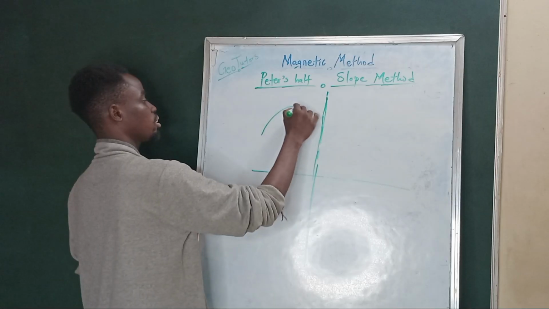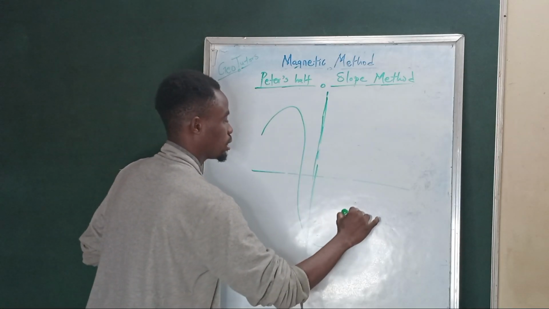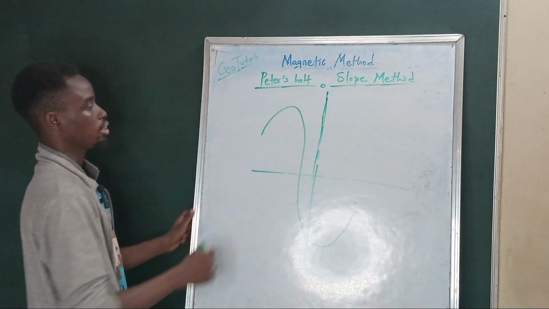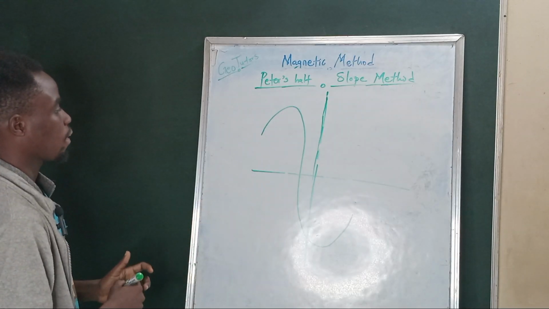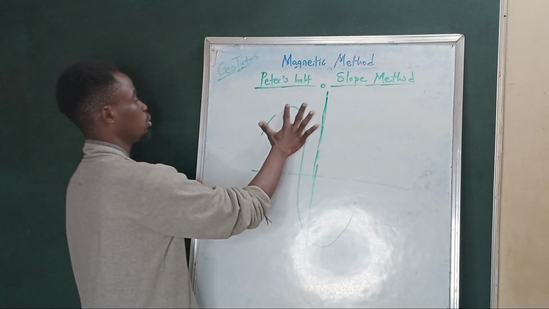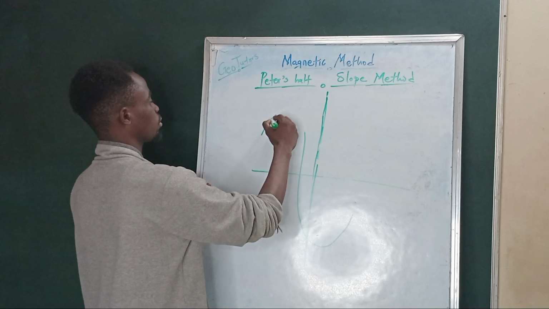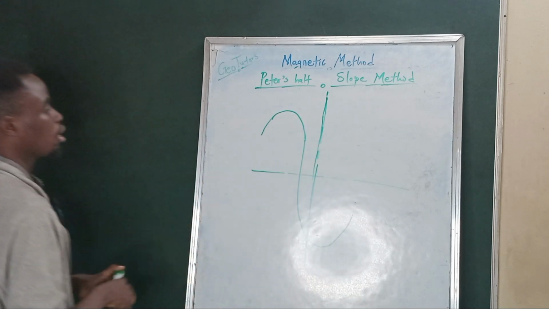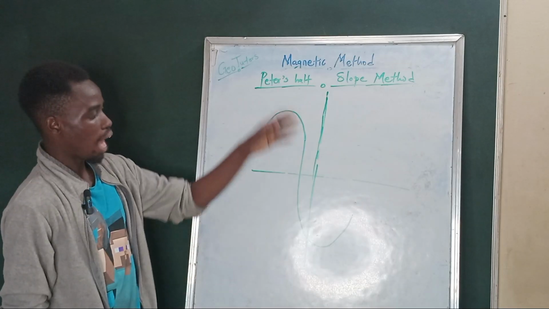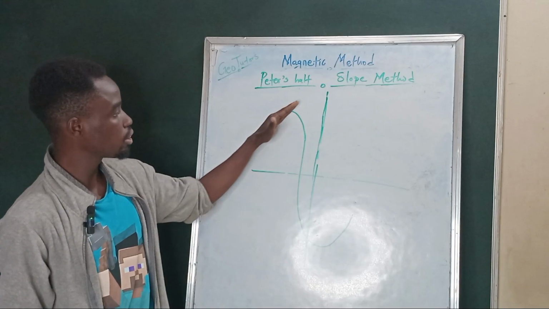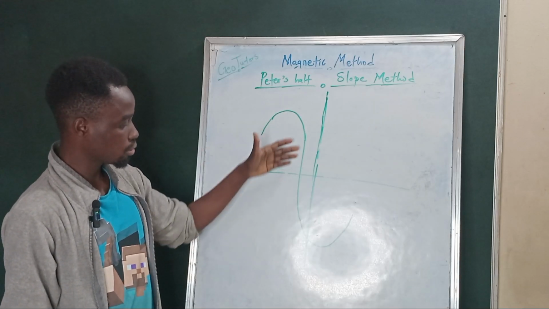Given that we have something like this, our points of inflection are where you see the turning points. It's increasing here, turning point.